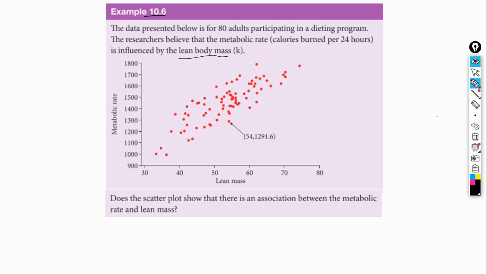So the question here is, does the scatter plot show that there is an association, remember that word we just saw, between the metabolic rate and lean mass? Well, I think it's easy to observe that there is definitely a positive association. Now, why do I say a positive association? Because the greater the lean mass, the higher the metabolic rate.